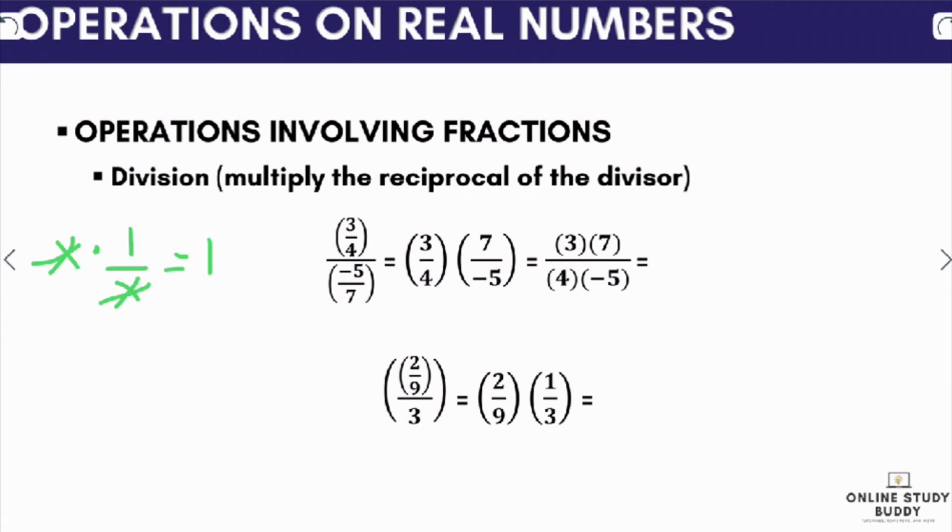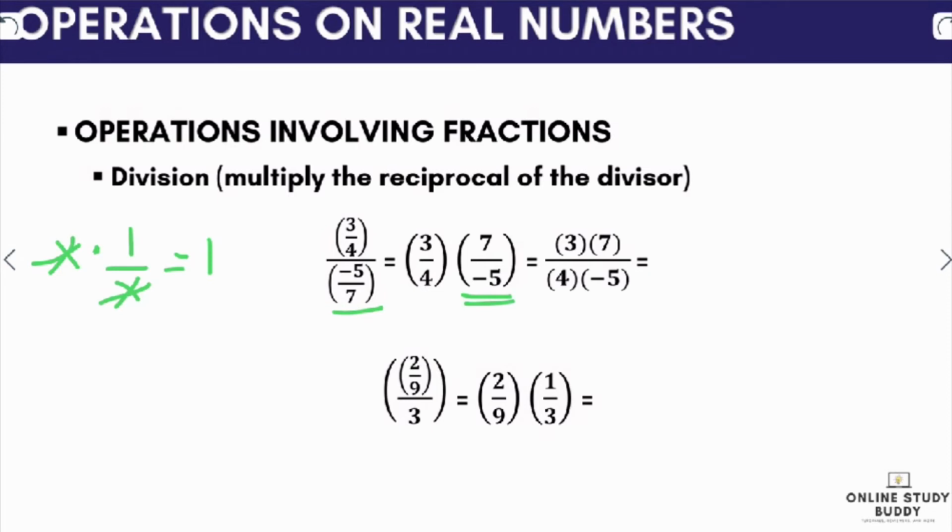So let's see, for our first example, 3 over 4 over negative 5 over 7. So 3 over 4 divided by negative 5 over 7, sabi dito, we just multiply the reciprocal of the divisor. So equivalent lang siya sa 3 over 4 times yung reciprocal ng negative 5 over 7, which is 7 over negative 5.